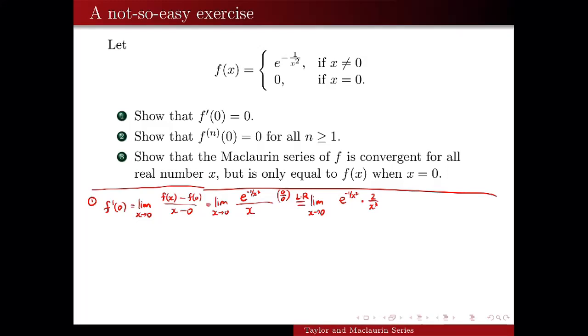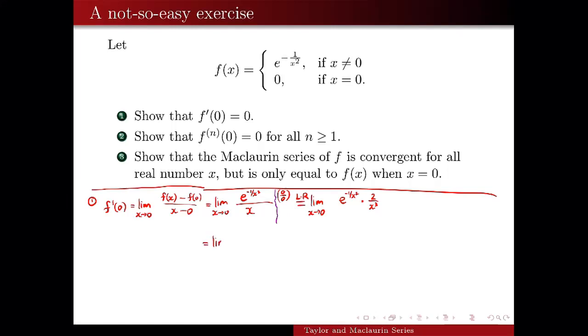Now, this is bad because originally we have x in here, but after applying L'Hopital's rule, we have x cubed. It increased. So that's bad for us. So this is what we're going to do. Instead of doing this 0 over 0, we'll get the reciprocals.